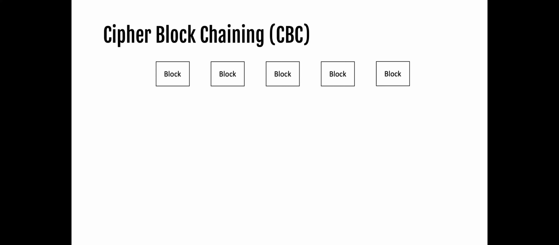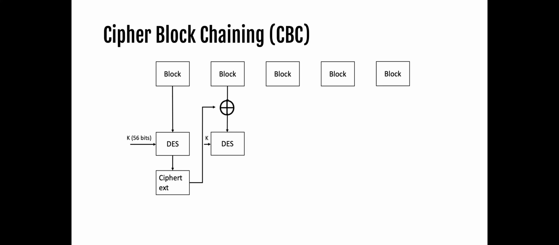The way that it works is that, suppose again we have a couple of blocks, and those blocks come from a plain text. Using the first block, we get a ciphertext. But then in the next block, we use this ciphertext as part of the operation.